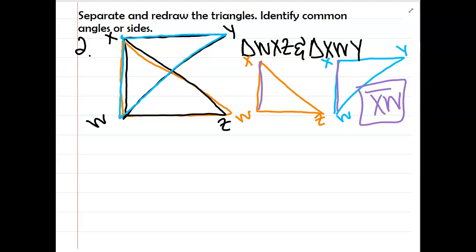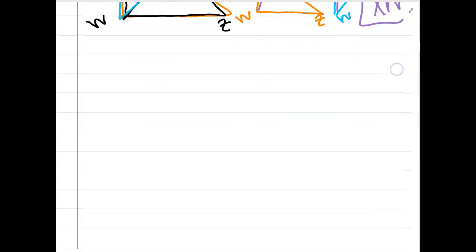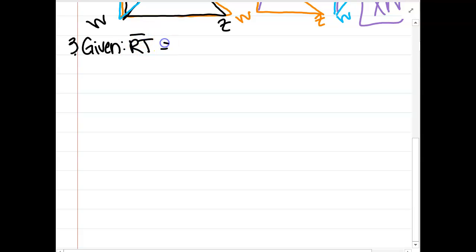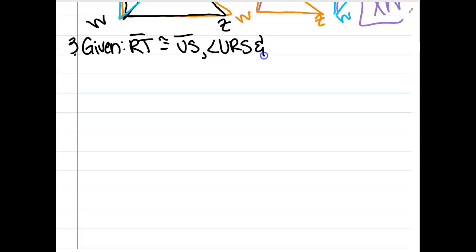So let's look at a couple of proofs that you'll have tonight. Number 3, my given says RT is congruent to US, and angle URS and angle TSR are right angles.